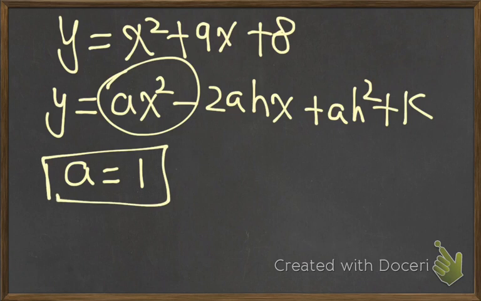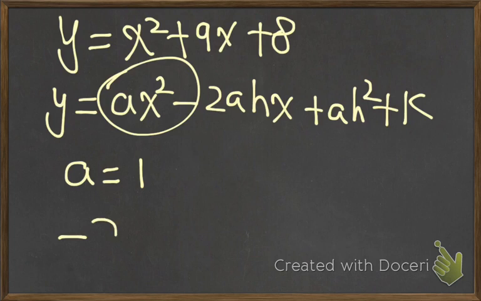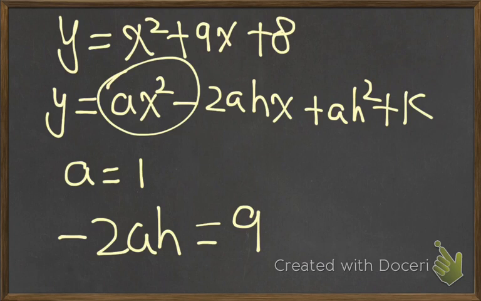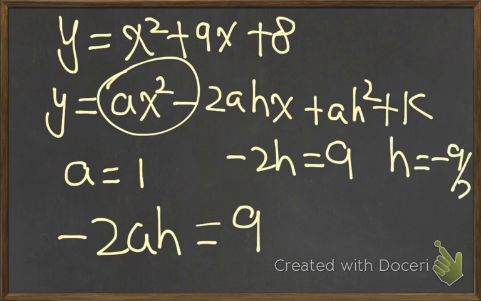And what is the coefficient of x in the general form of the quadratic equation? It is 9. And in this case you have minus 2ah, so you will simply write that minus 2ah is equal to 9. Since you have found the value of a, the equation goes like this: minus 2h is equal to 9 and h is equal to minus 9 over 2. h is basically the x coordinate of the turning point of the graph, which is minus 9 over 2.